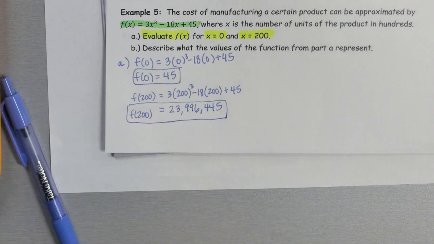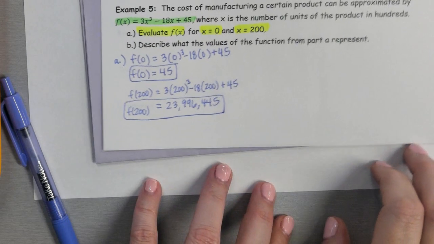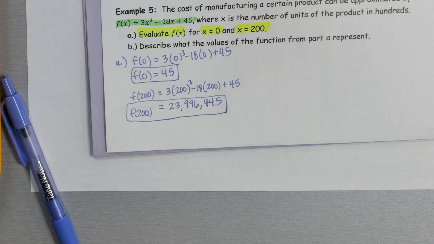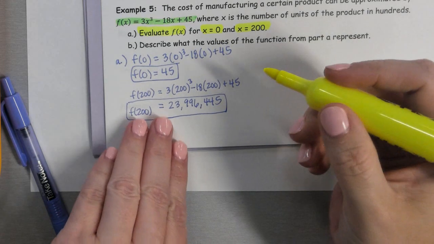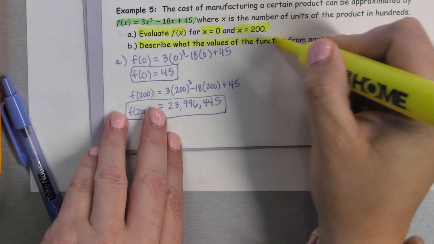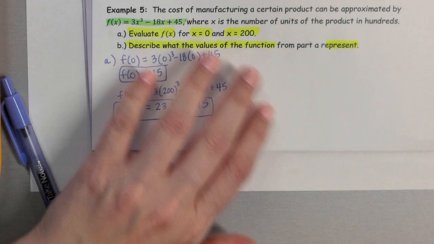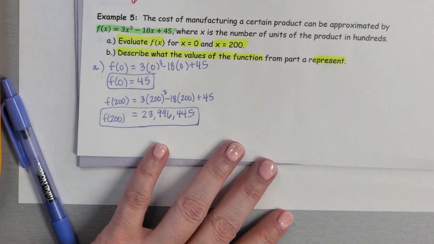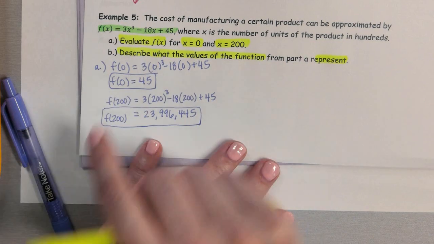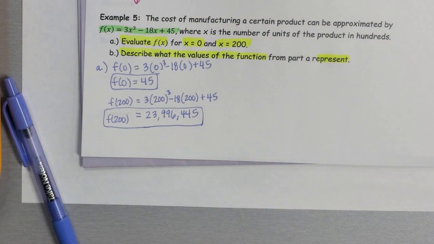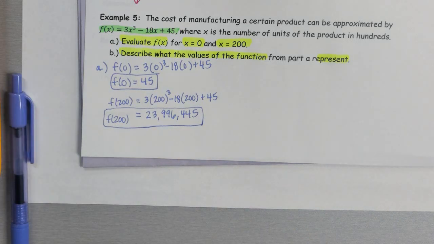Awesome. Now we're going to go to part B. And part B asks us to describe what the values of the function from part A represent. So we're going to have to go back and understand what this represents. In order to do that, we want to interpret the input and the output.